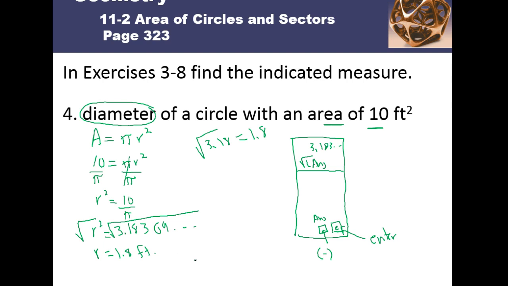So if I take that number that should still be on my screen, that 1.7832 blah blah blah, and multiply that by 2, I'm going to get 3.56 or 3.6. So my diameter is 3.6.